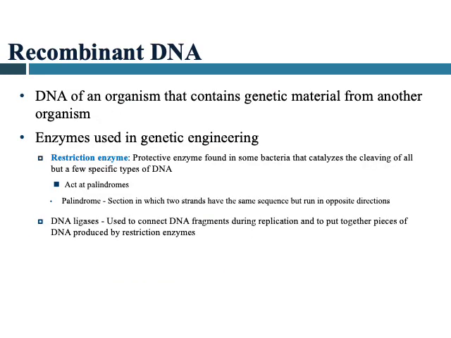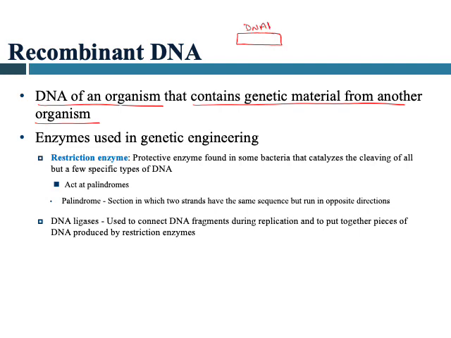Now we're going to talk about recombinant DNA. Recombinant DNA is the DNA of an organism that contains genetic material from another organism. What does it mean? Let's say this is your DNA, DNA from one organism.